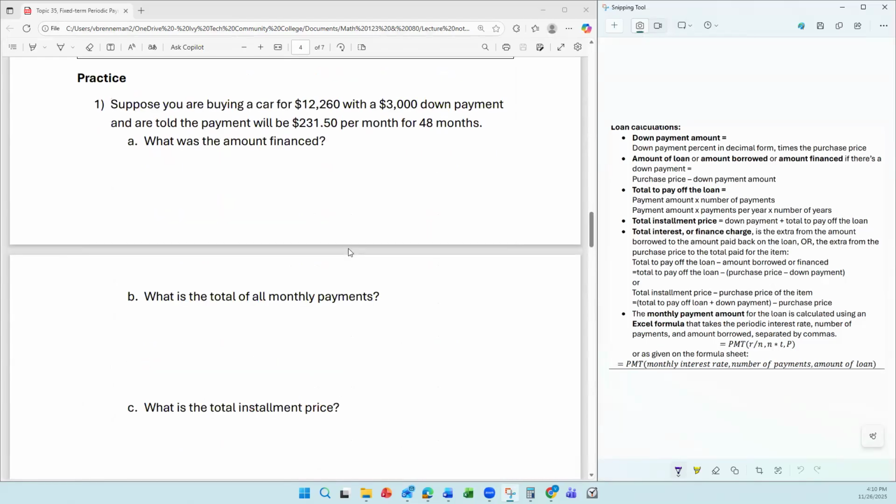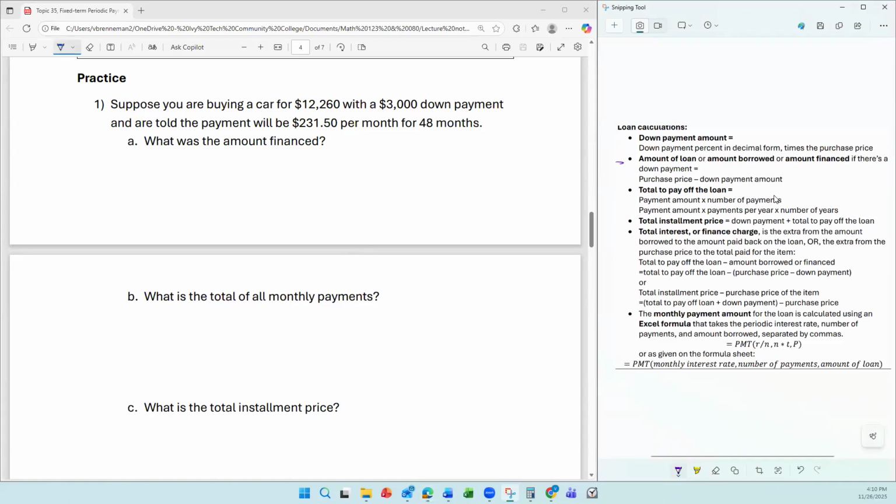So number one, you're buying a car for $12,260 with a $3,000 down payment. Down payment is you're paying that to begin with already. Whatever's left, you get a loan for. Your total payment will be $231.50 per month for 48 months. The amount financed is here. Amount financed.